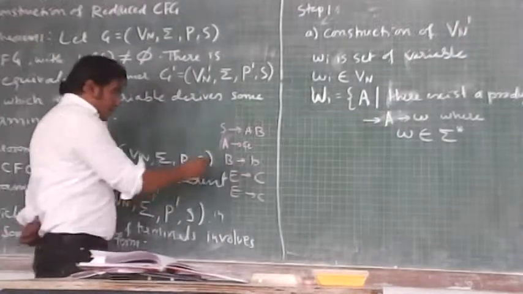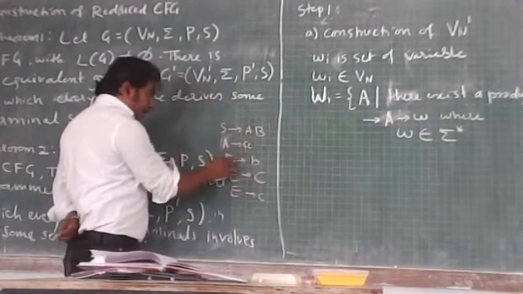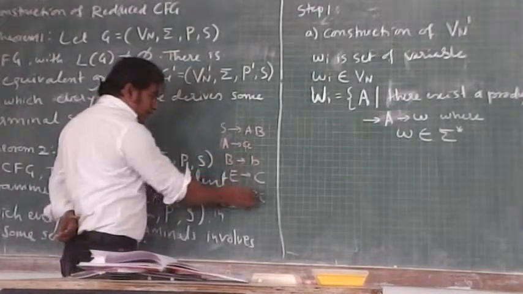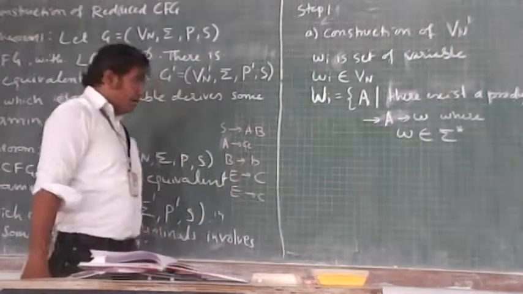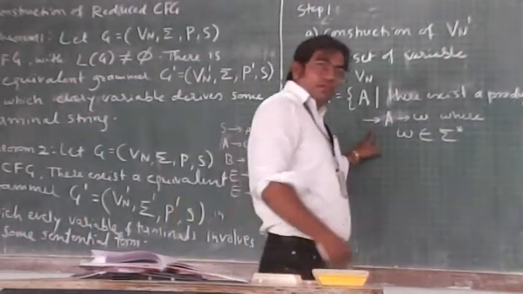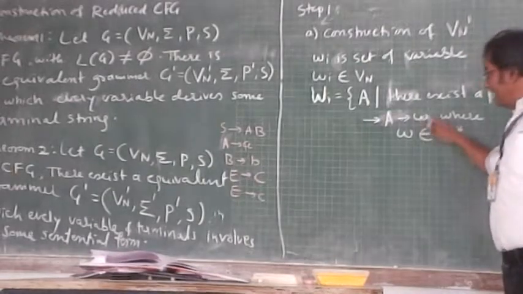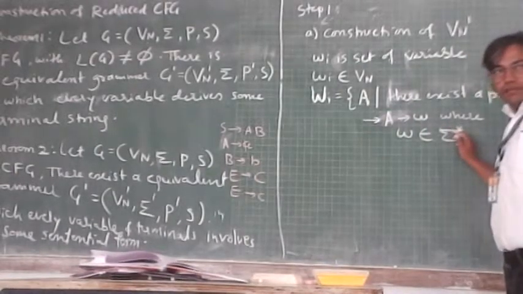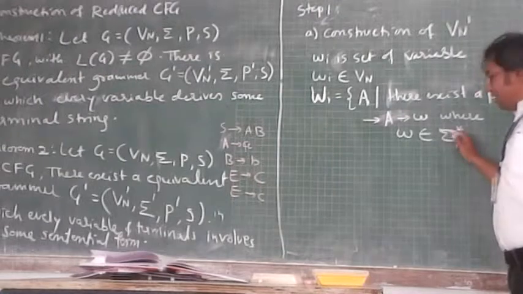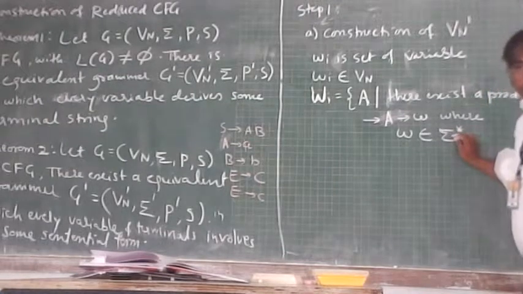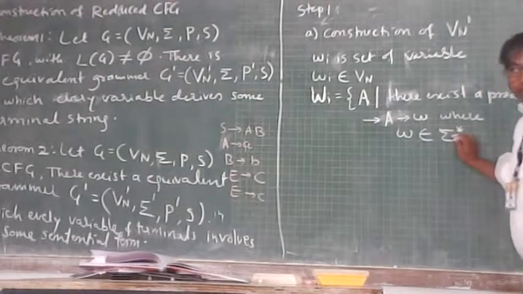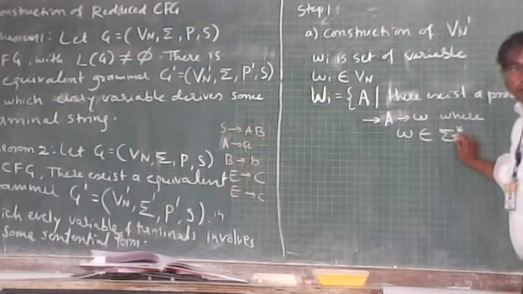So if you look at the productions A implies a, B implies b, and E implies c, these are the productions which are really implying a terminal string. Here W is a terminal string, and we can represent it as sigma star. What is sigma? Sigma is the set of terminals.